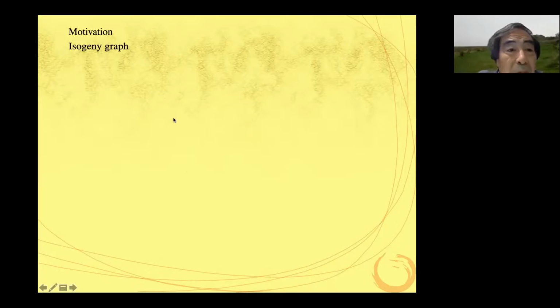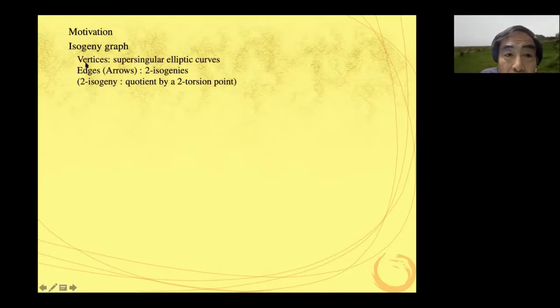And we first consider the isogeny graph. What is this? For vertices, we consider supersingular elliptic curves. And for the edges or arrows, we consider 2-isogenies. A 2-isogeny means a quotient by a 2-torsion point of the elliptic curve. First, we take one supersingular elliptic curve, and we consider the quotient 2-isogeny.